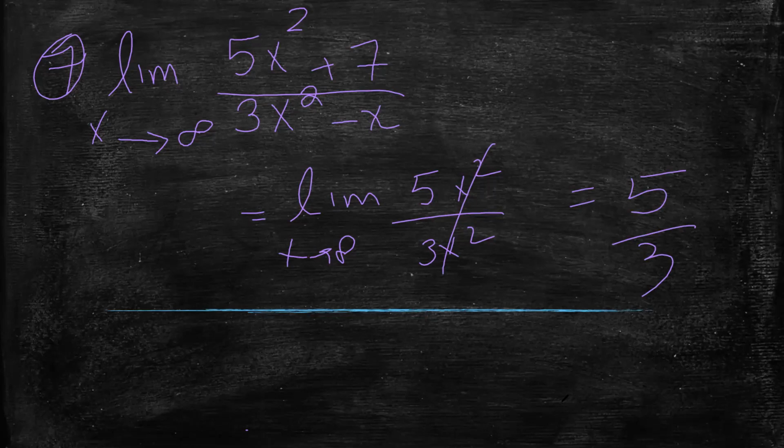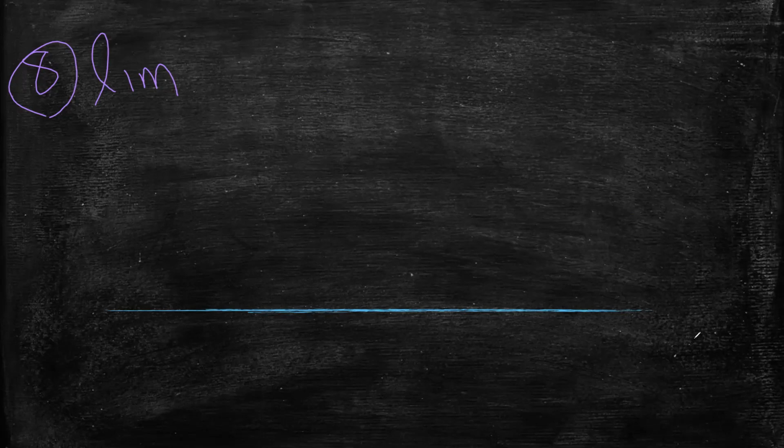After Darin, Lulu, she solved Hannah's. Give me 1 minute, please. We have limits. Number 8. We have limit 7 minus 6x raised to the power 5 over x plus 3.